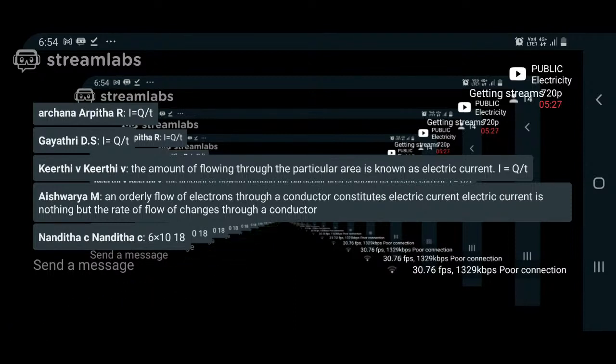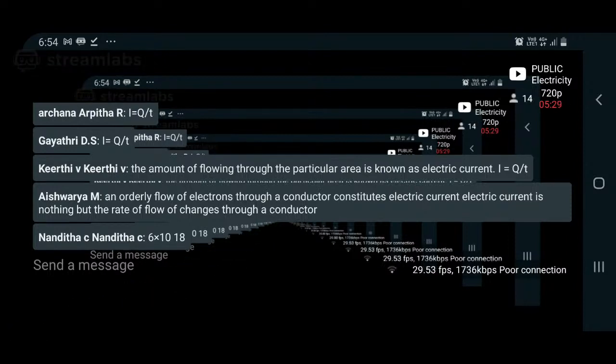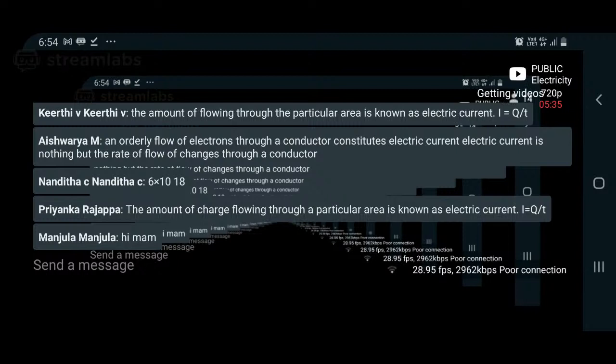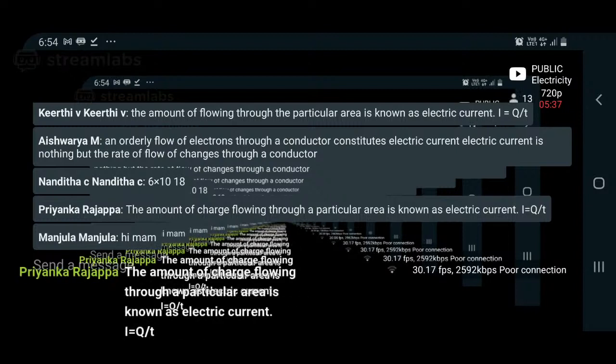Okay, now, what is the equivalent value of each electron? What is the equivalent value of each electron?